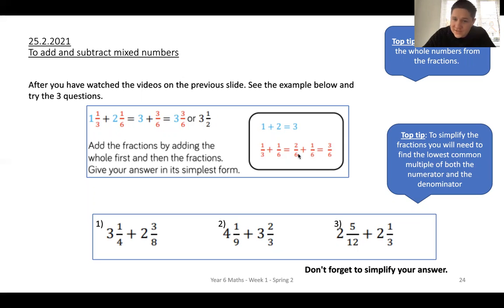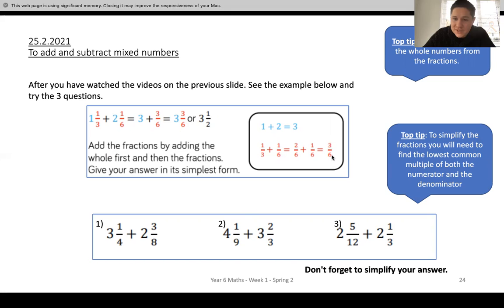Add the 1/6 they already had. So my total is 3/6. That's why over here I've got 3, add 3/6 equals 3 and 3/6. But 3/6 I know is a half. So my answer is 3.5.